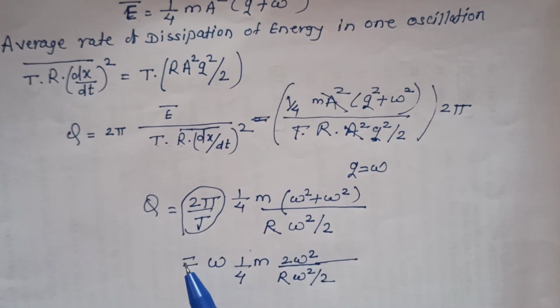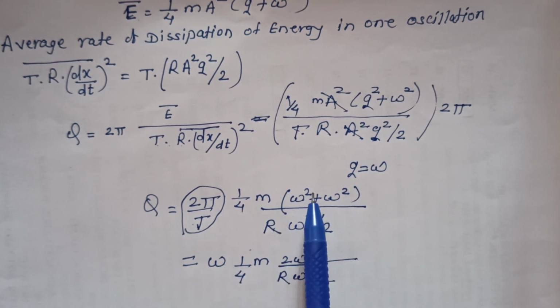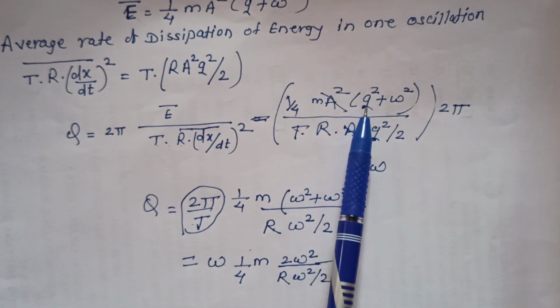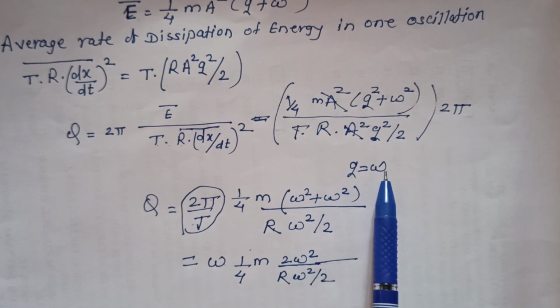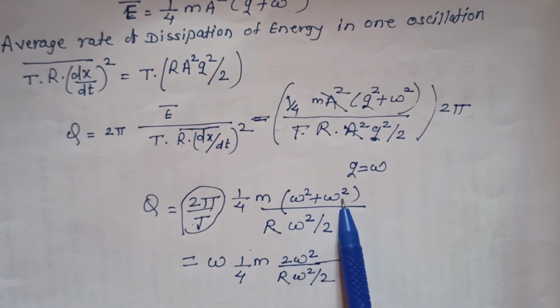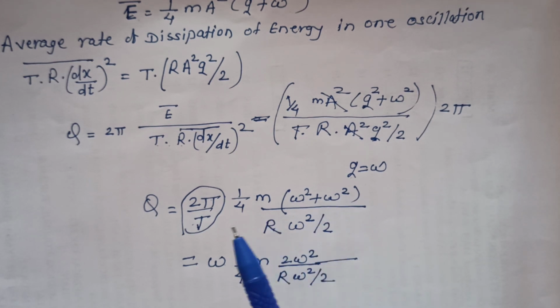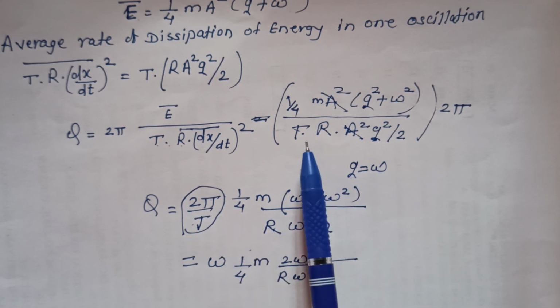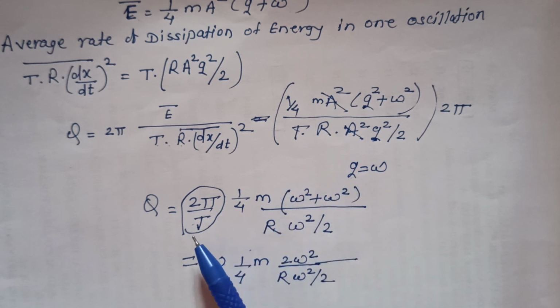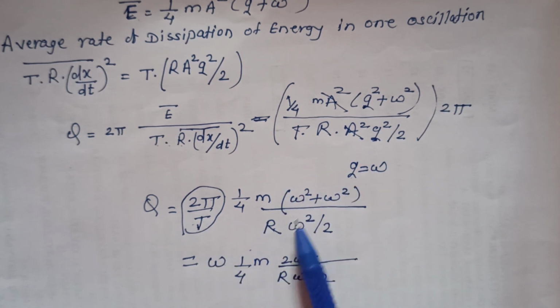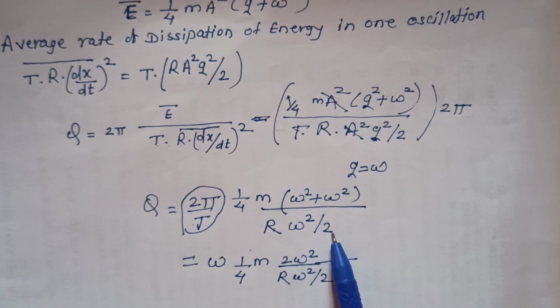See here, 2 pi upon T, its value is omega, 1/4 as it is, m as it is, q^2 plus omega^2, put the value of q^2, that is q is equal to omega, that is omega^2 plus omega^2, divided by T into R, put q^2 is equal to omega^2, divided by 2.